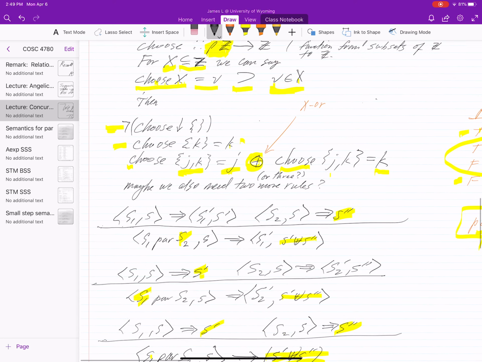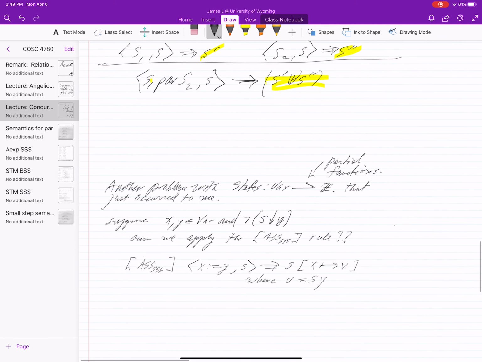Oh, one final thing is that these partial functions cause interesting side effects that I wasn't aware of. For example, I hadn't really thought about this.